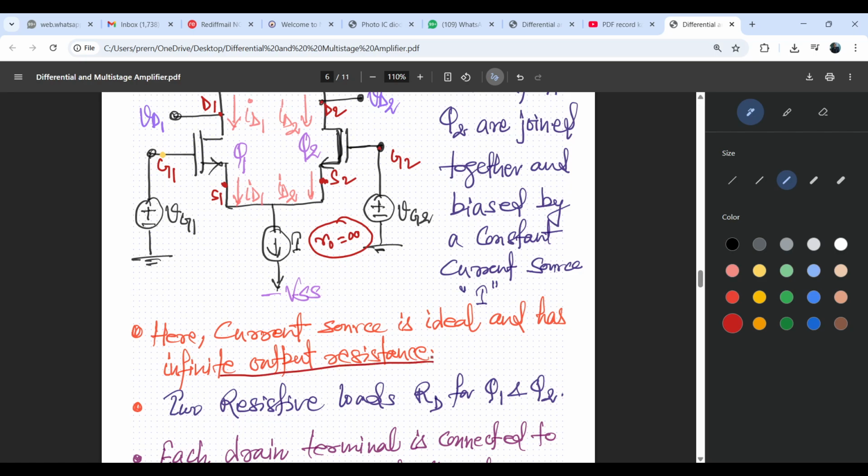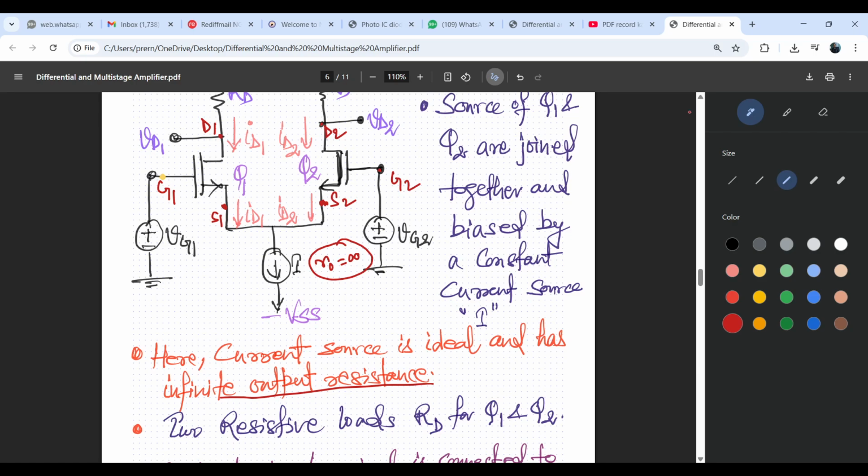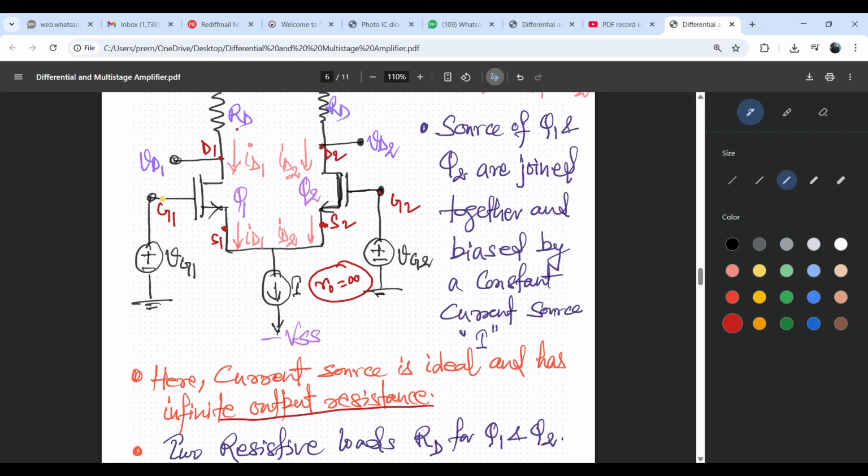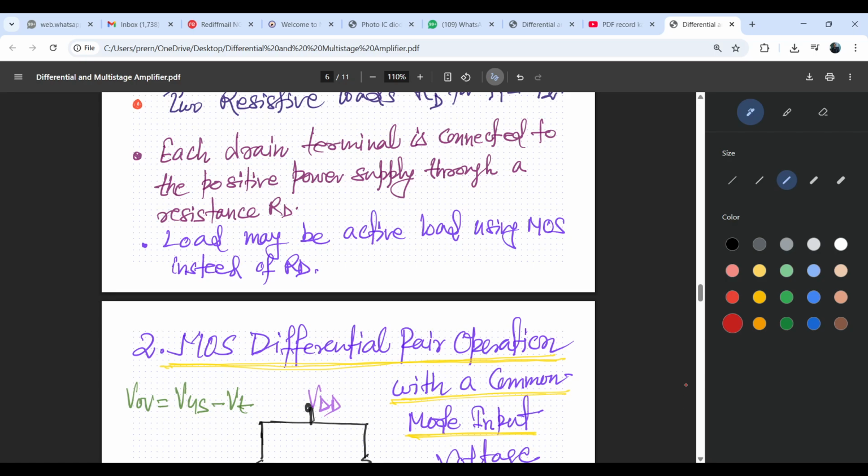Now two resistors act as the load RD for Q1 and Q2, and we are taking output from the drain terminals. Each drain terminal is connected to the positive power supply VDD through a resistor RD, which we have already seen.